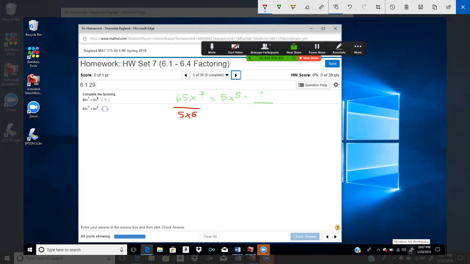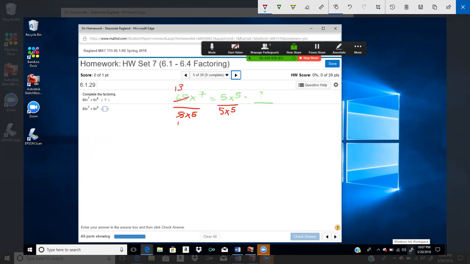So this is what we did in chapter 5: you simplify. To find out what's left, I simplify this. Will 5 go into 65? Yes, 5 goes into 65 thirteen times.